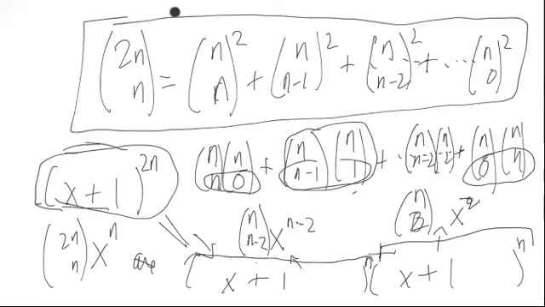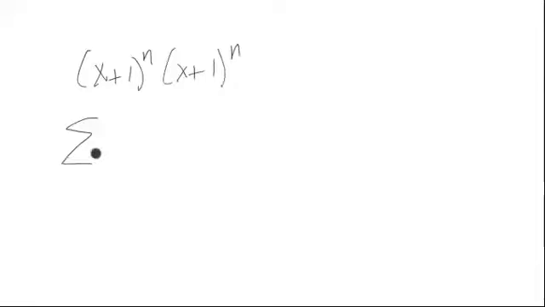Let's now walk through, with that in mind, symbolically how we might do that. Let's think about (x plus 1) to the n times (x plus 1) to the n, and let's think about this as a sum. It's a sum like this: n choose k, x to the k, where k goes from 0 to n.